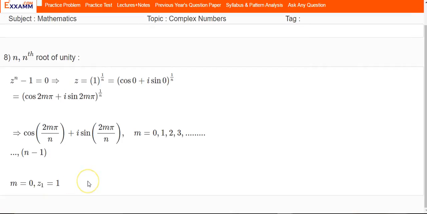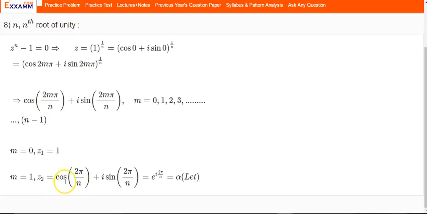Now if we put m is equal to 0, z1 is equal to 1. If we put m is equal to 1, here we get z2 is equal to cos 2 pi by n plus i sin 2 pi by n. This is nothing but, as per Euler's formula, e to the power i 2 pi by n.